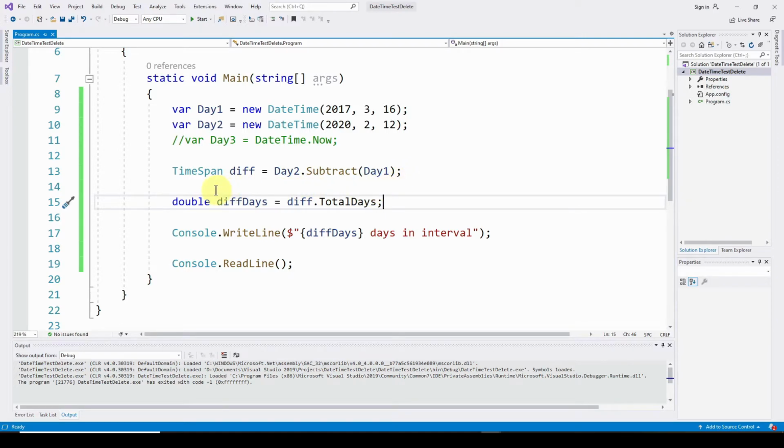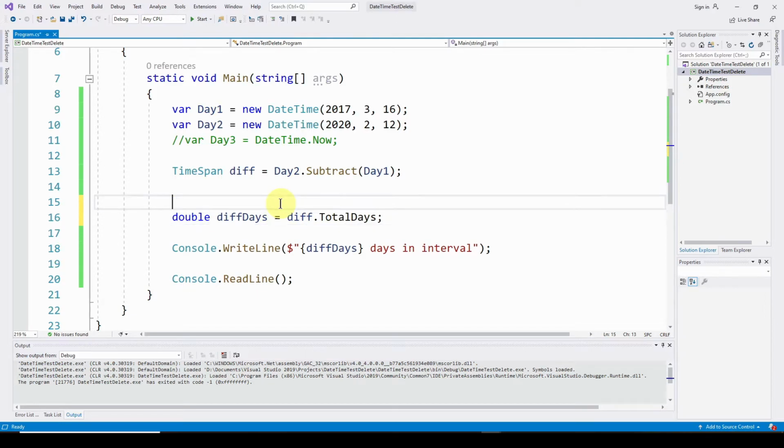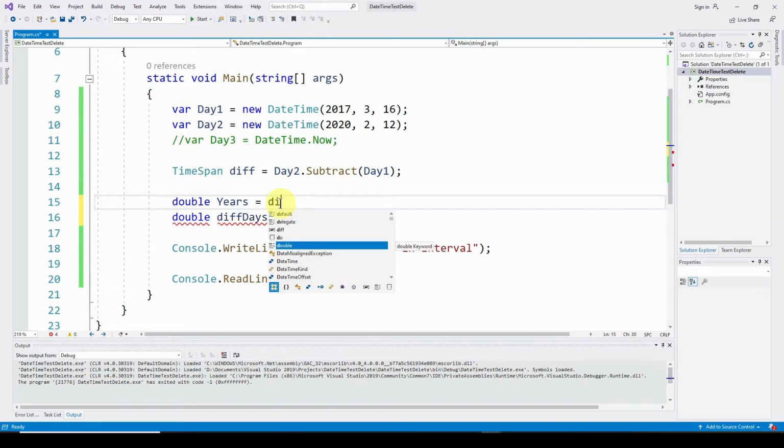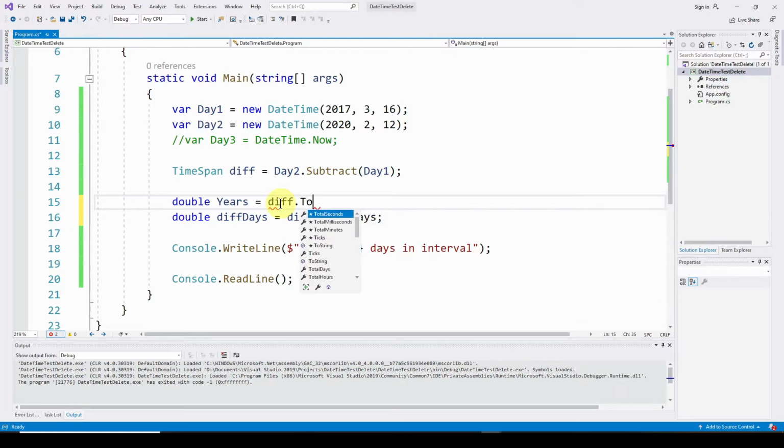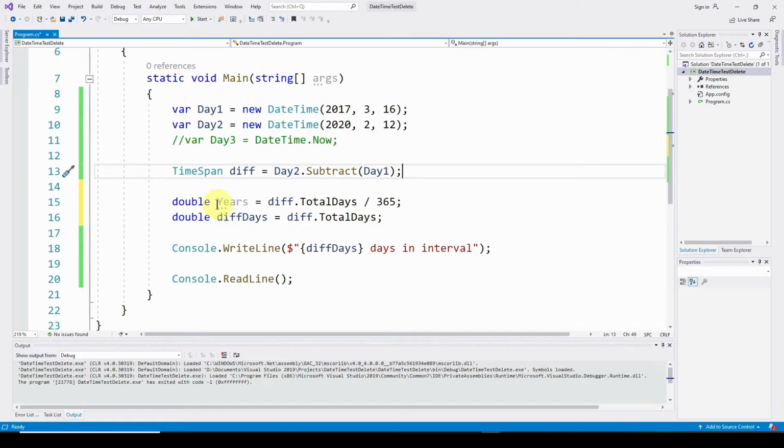Now, if you decide that you can accept 365 days per year, then what we can do is say double years equals diff dot total days divided by 365. We're going to get a double, so it's going to have the remainders and everything.